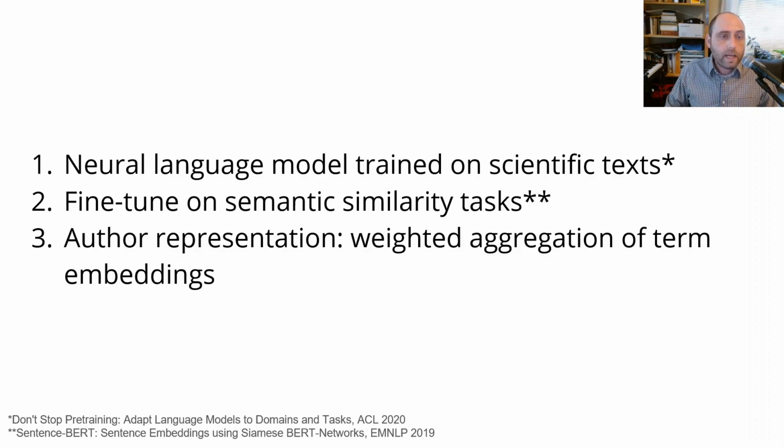This gives us a set of embeddings for terms in documents. To represent individual authors, we aggregate the appropriate terms, for example, all of the methods terms, for that person's papers, weighted by a relevance score that takes into account the author position and the importance of the paper. We can then compute the similarity between two authors using these faceted author-level embeddings.